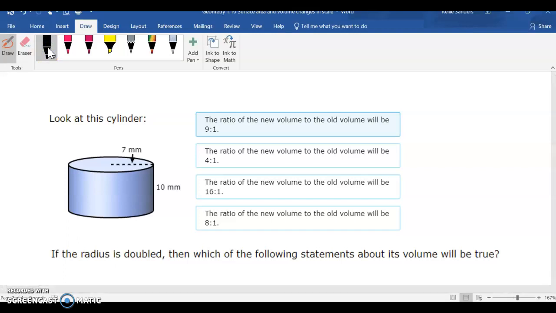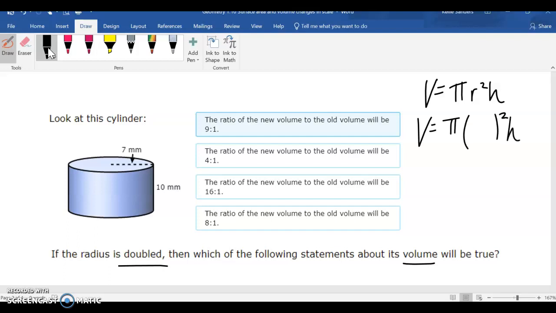Which is, the radius is doubled. Volume. Okay, so what's the formula for volume of a cylinder? Area of the base times height, and the base is pi r squared times height. And what happens to the new volume if we double the radius? 2r times 2r is 4r squared.